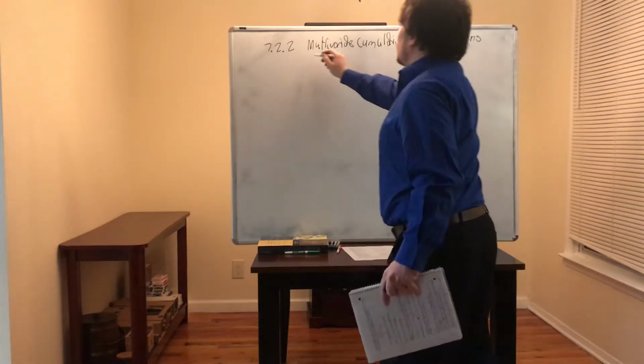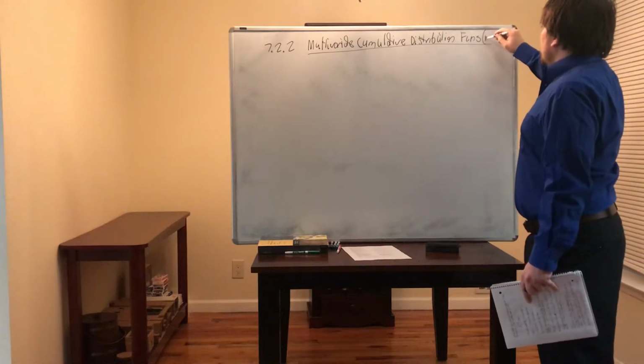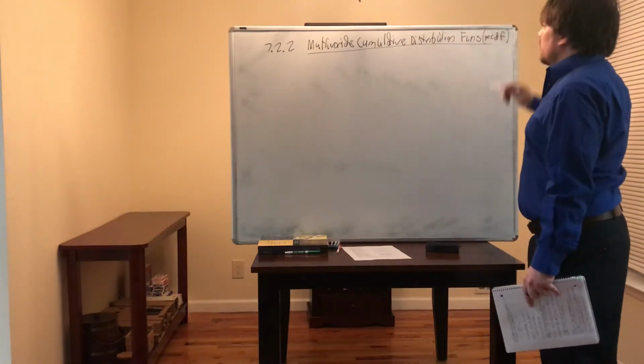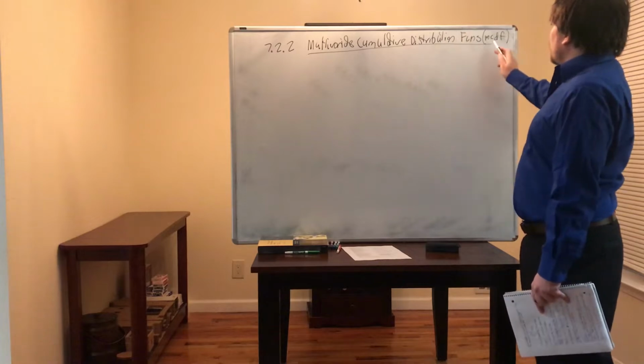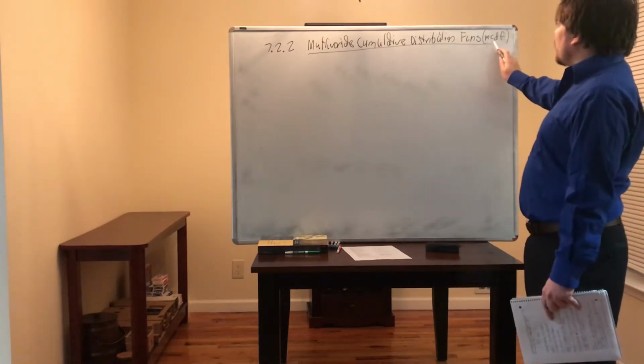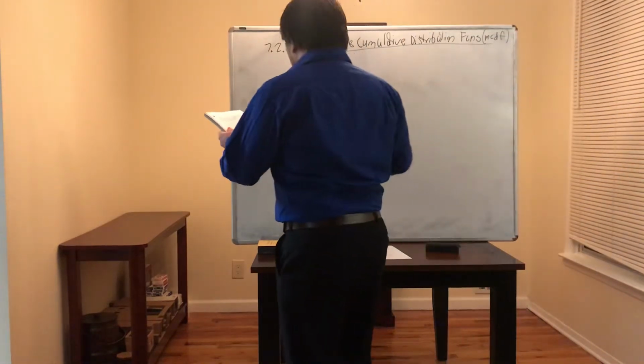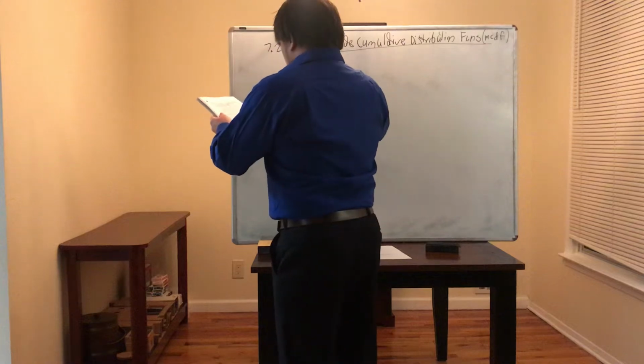My abbreviation for multivariate cumulative distribution functions will be MCDF. The M for multivariate, C for cumulative, D for distribution, F for functions. MCDF. Okay, so this is definition 7.2.